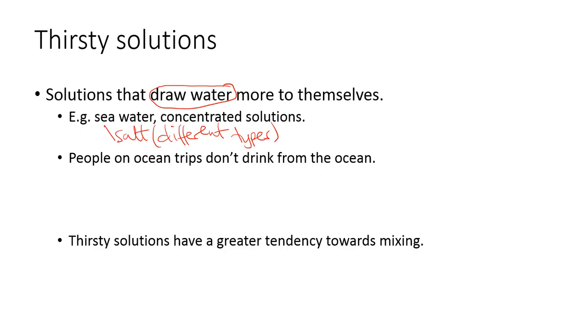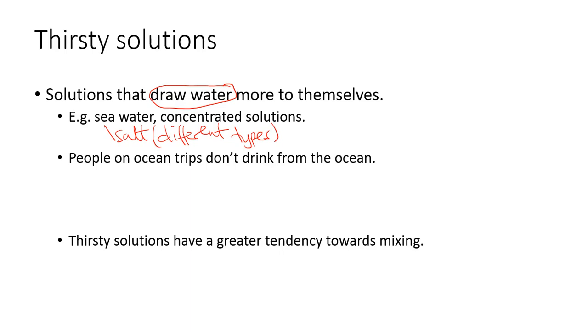And when seawater gets in contact with other systems, and these other systems also have water, what will happen is that the seawater is going to pull water from these other systems, especially when these systems are less concentrated.